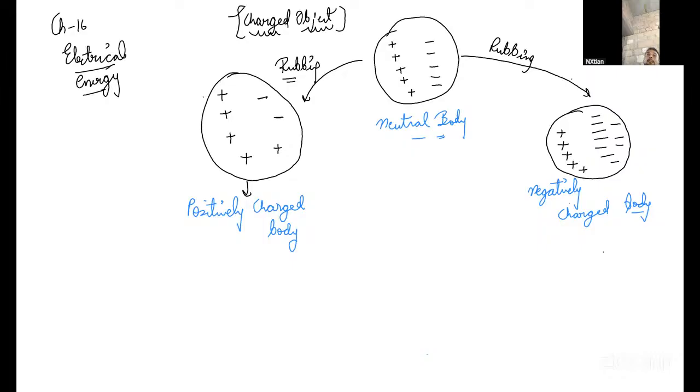Repel means they will not come near each other. They move away.